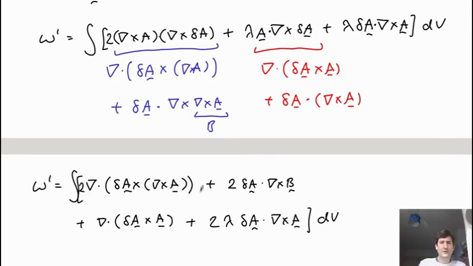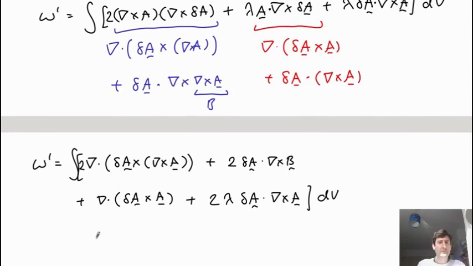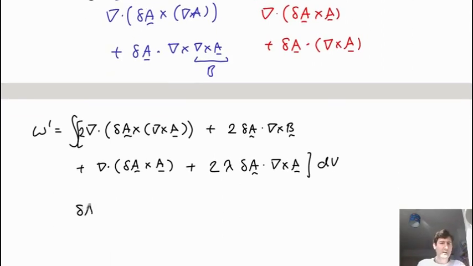So I've just written these two terms here from the blue, and these two terms here from the red. And now when you integrate this over the volume, what you end up with is surface terms. So we can use Gauss's theorem to turn this into a surface integral. And then we just say that this is a closed system, so we have that delta A is 0 on the boundary. So we're not varying the field at the boundary.